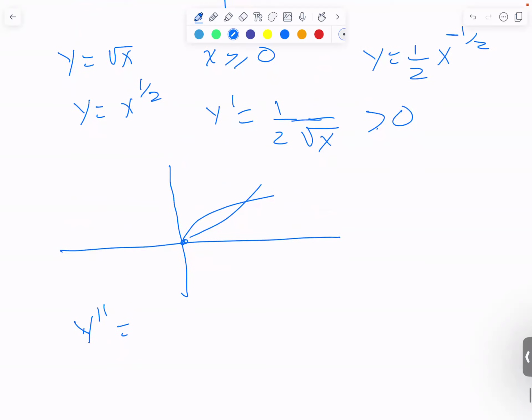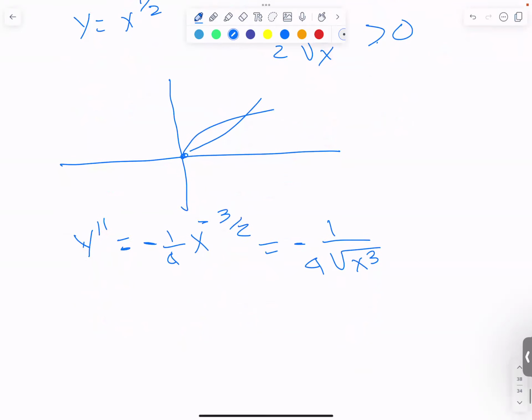The second derivative is negative 1/4 x to the negative 3/2, which is negative 1/4 over the square root of x to the third power. Now let's do the line test.